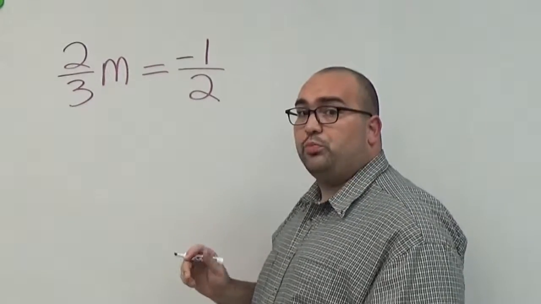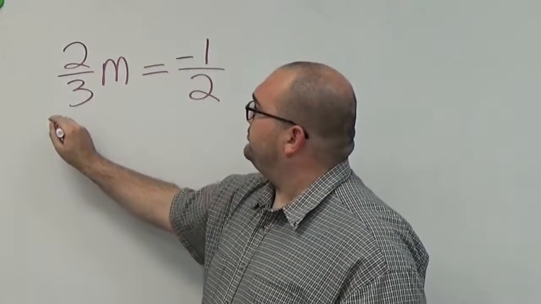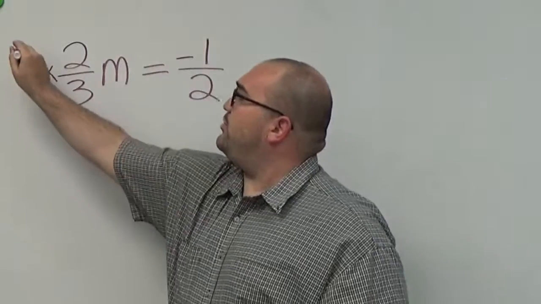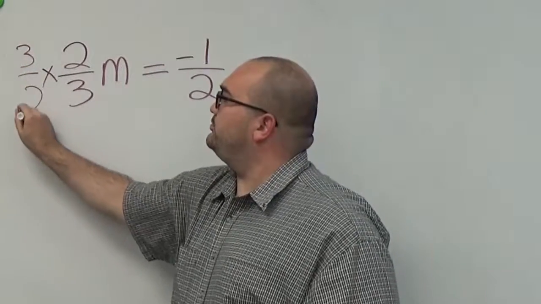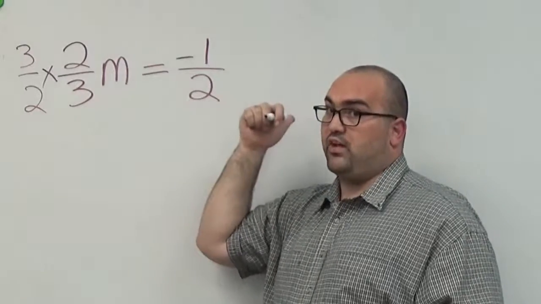So let's multiply both sides by the reciprocal. Multiply this times 3/2. And once again, whatever I do to one side, I have to do to this side.